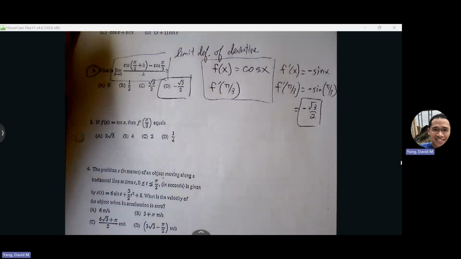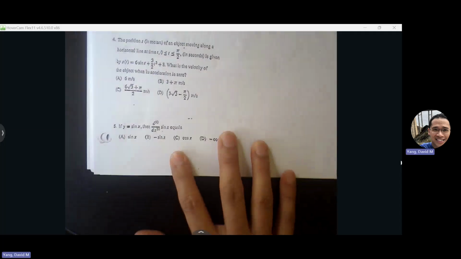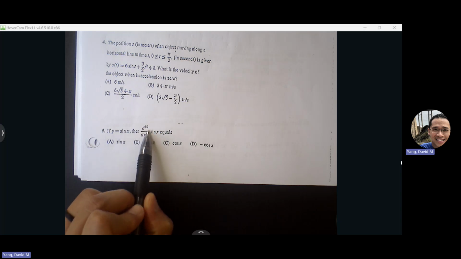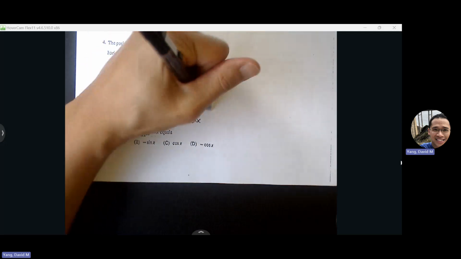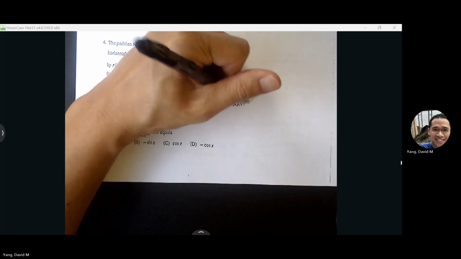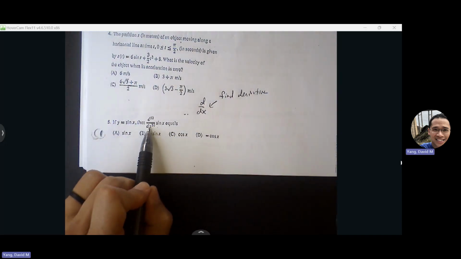Okay, let's look at number 5. Number 5 seems tedious, but I just want to show you how we can do something like this. Maybe we haven't talked about this notation yet, but do you know what d over dx represents? Yeah, so if you see d over dx, that just means find the derivative. Do you know what that 50 represents?